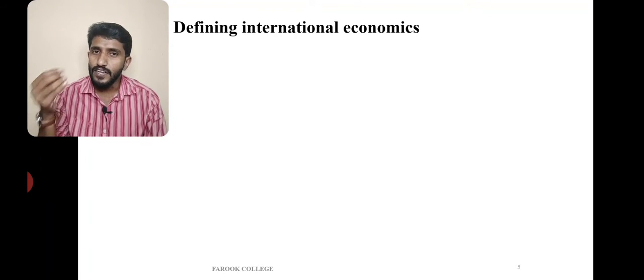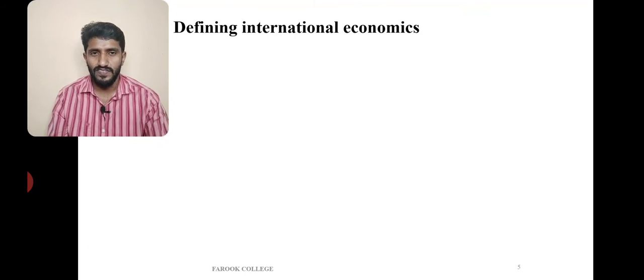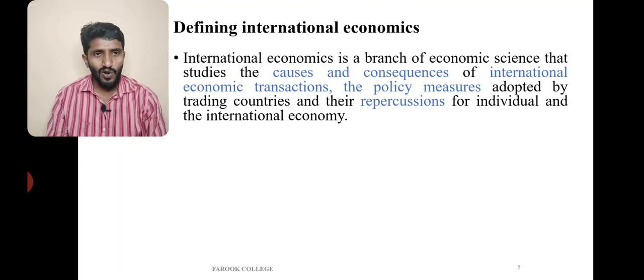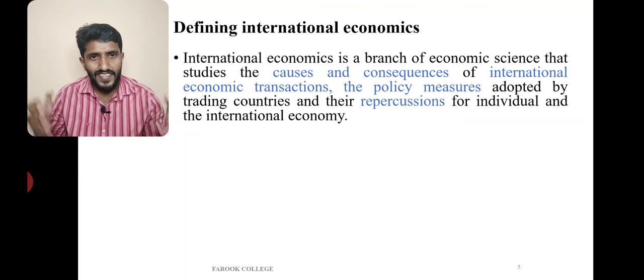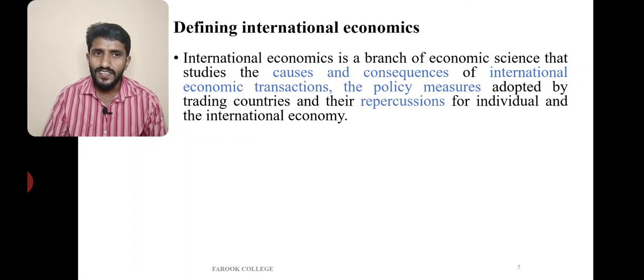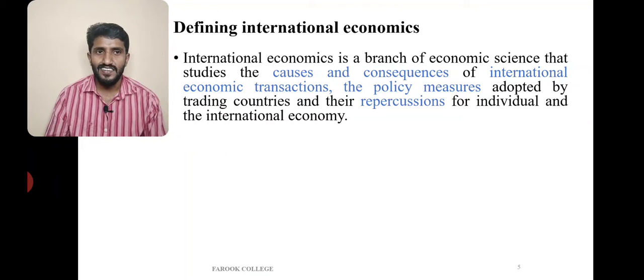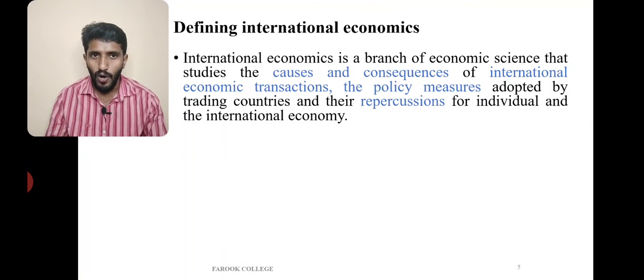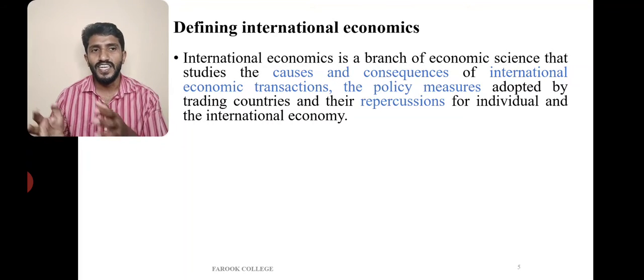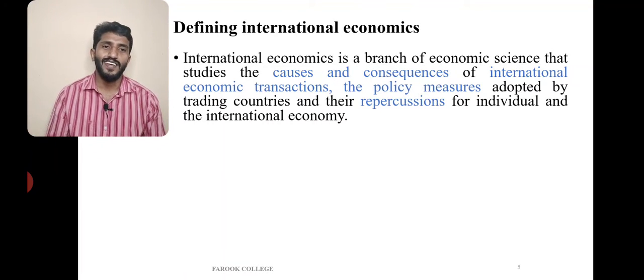International economics is a branch of economic science that studies the causes and the consequences of international economic transactions, the policy measures adopted by the trading countries, and their repercussions for the individual and international economy. So this is international economics.